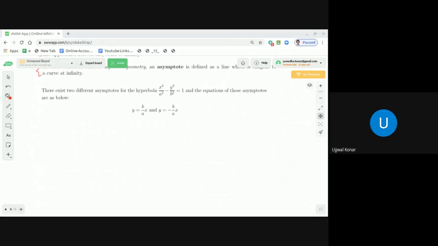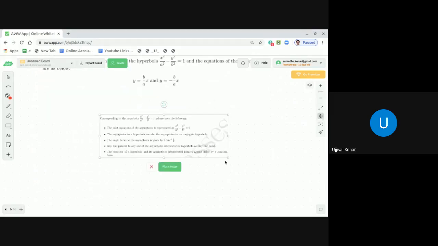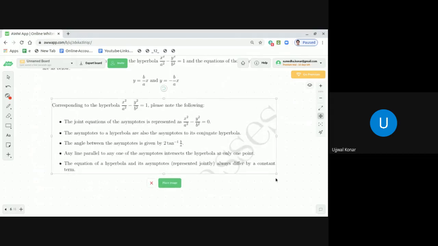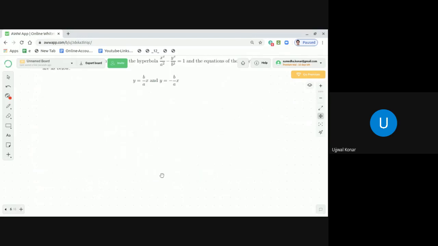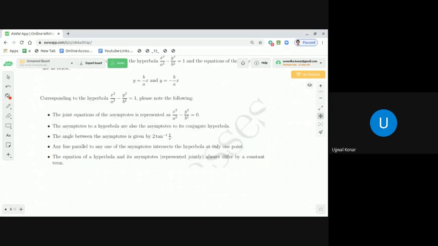First, let me bring these points, and then let me explain further. So, my dear students, corresponding to the hyperbola x square by a square minus y square by b square equal to 1, there are a few points I would like to mention.